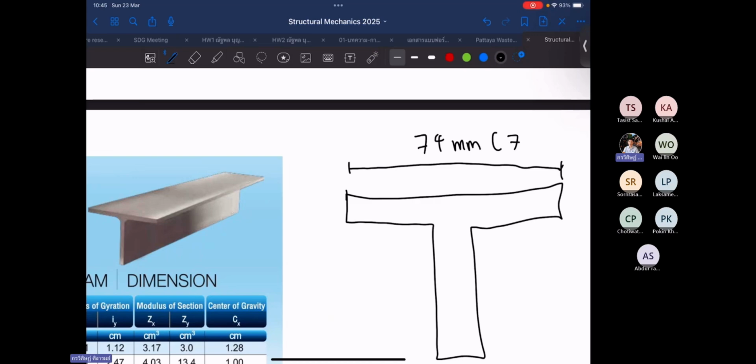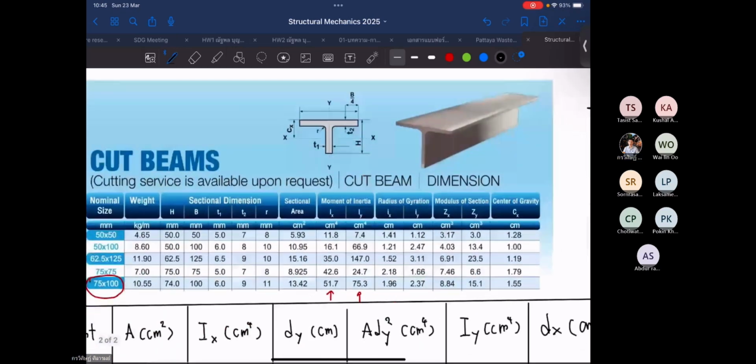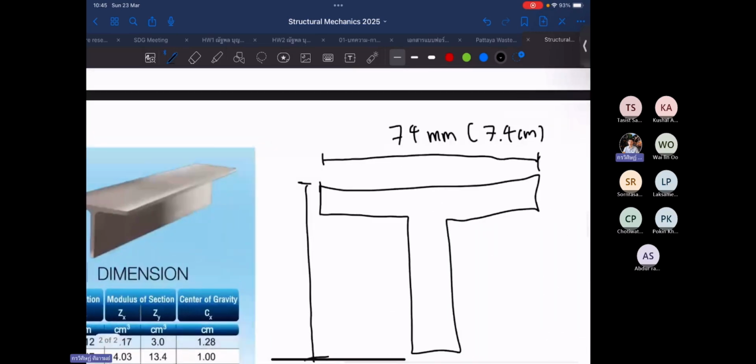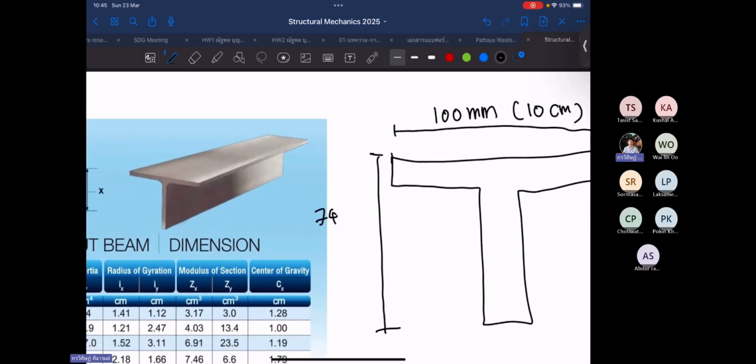So this one is 100 millimeter, or in centimeter, 10, and this one is 74 millimeter or 7.4 centimeter.